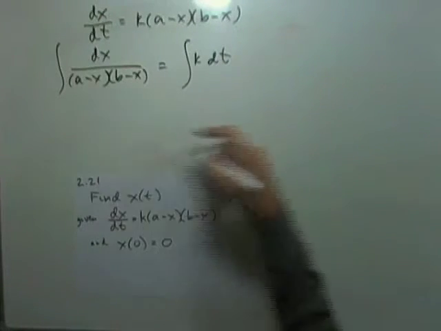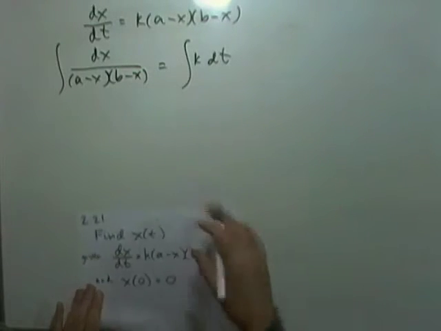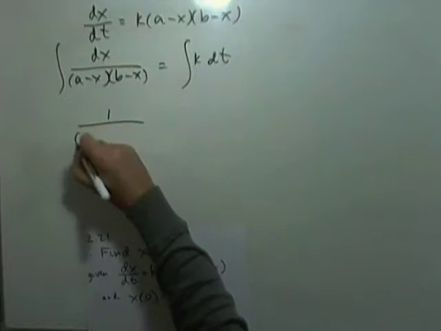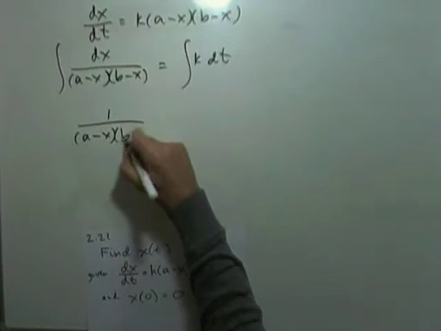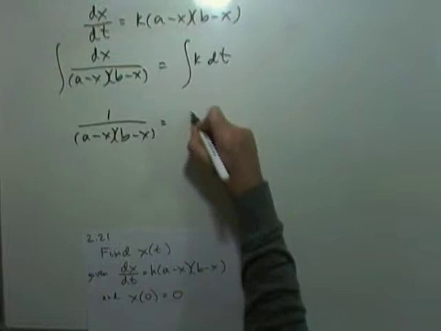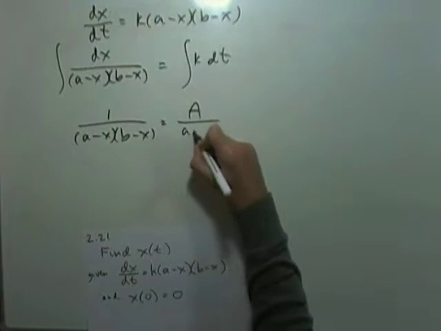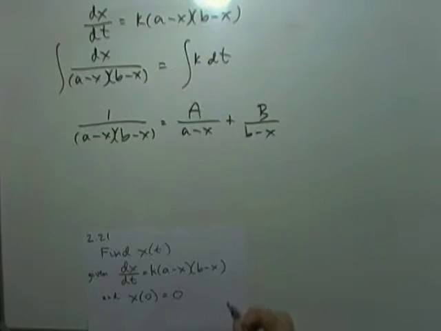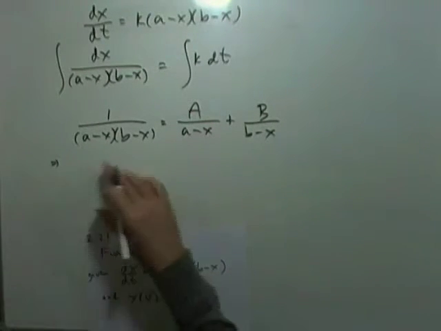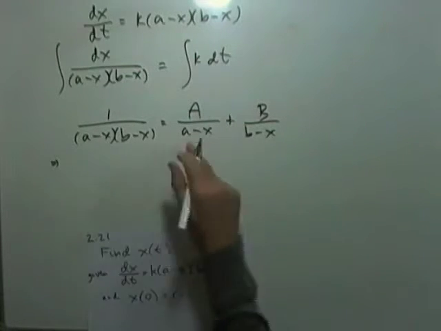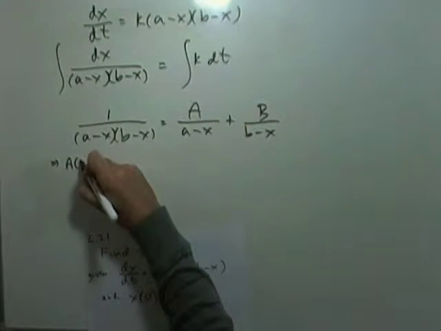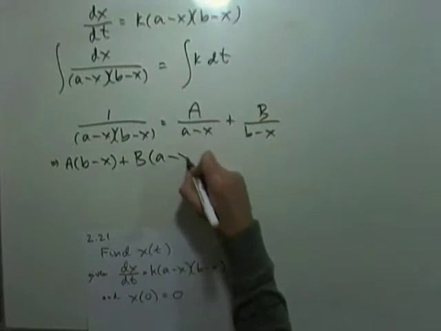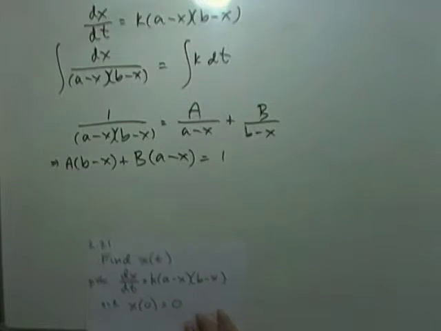So we'll have to let that equal, or maybe I'll just do it underneath and then we're going to go back afterwards. So let 1 over A minus X, B minus X equal A over A minus X plus B over B minus X. Which means that, multiplying throughout, A times B minus X plus B times A minus X will equal 1.